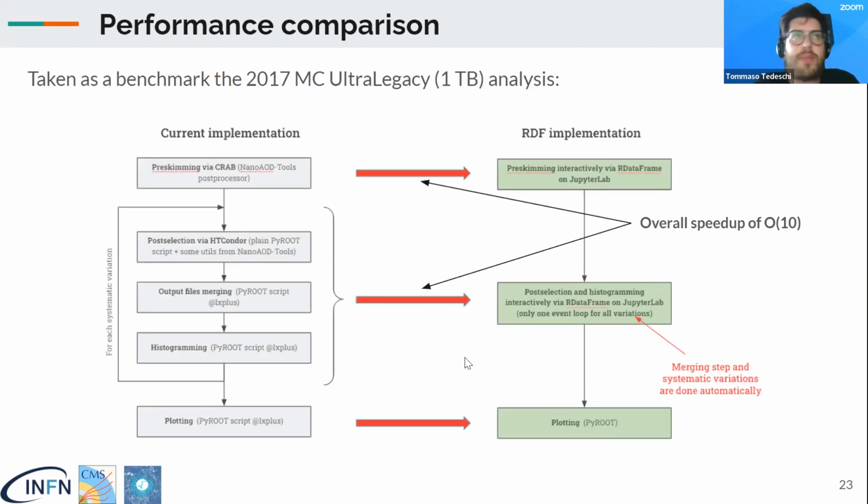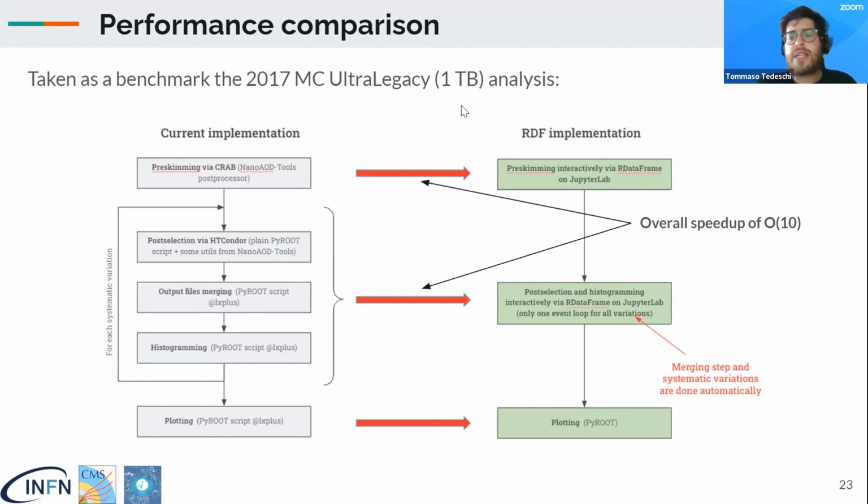We took as a benchmark the analysis of a part of the Run 2 Monte Carlo that we use in the analysis. In particular, we use one year, the 2017 Monte Carlo Ultra Legacy, which is 1 terabyte worth.